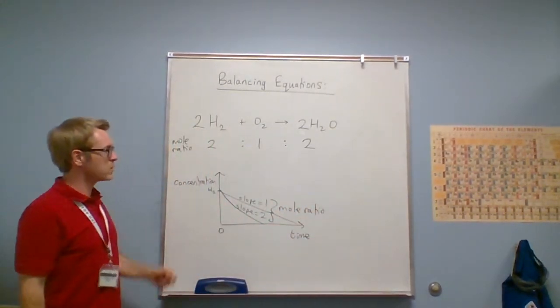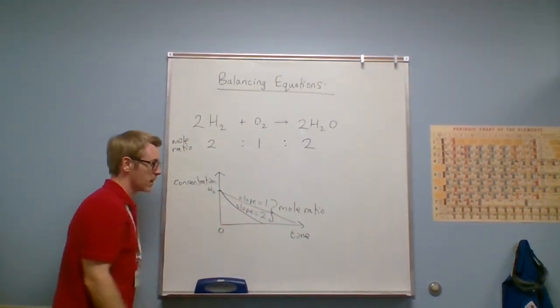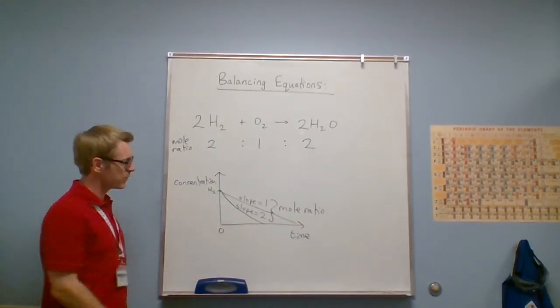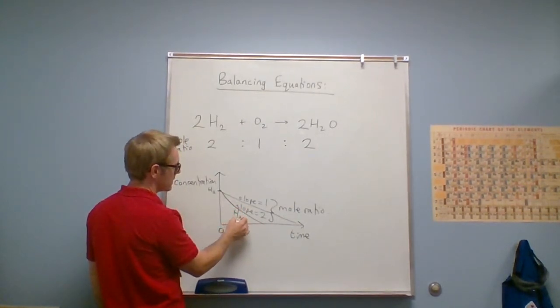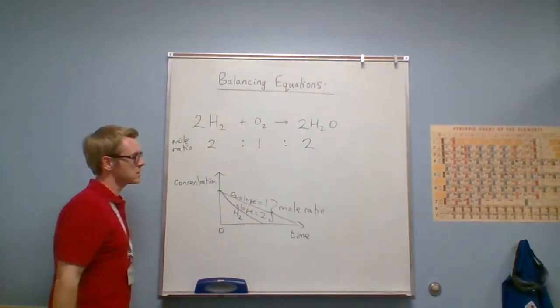And the slope is what takes the mole ratio, not the absolute value. So again, this would be the hydrogen value. Let's put it here. This would be the oxygen value, which is smaller.